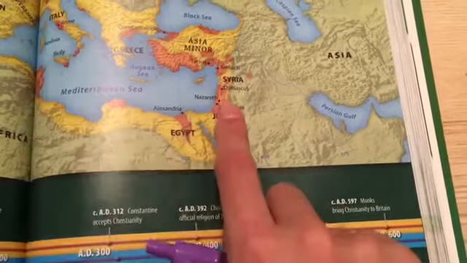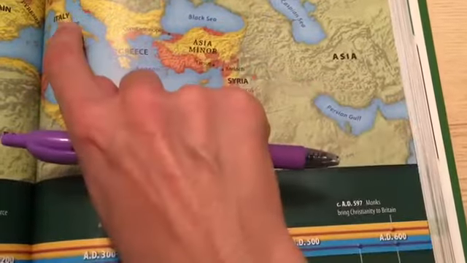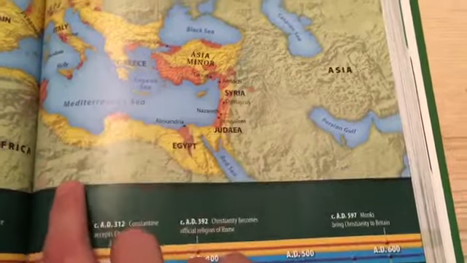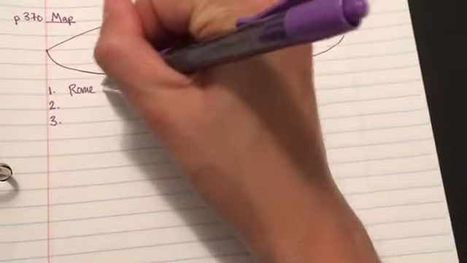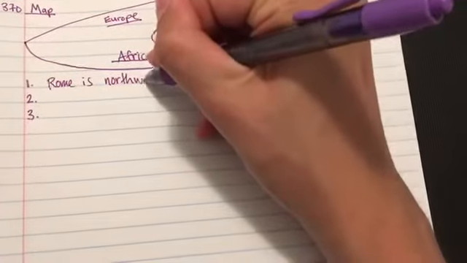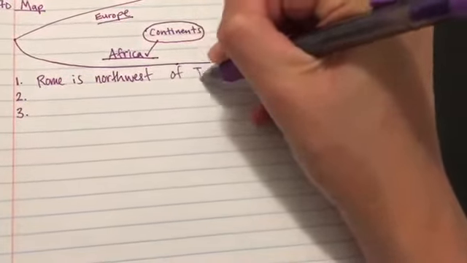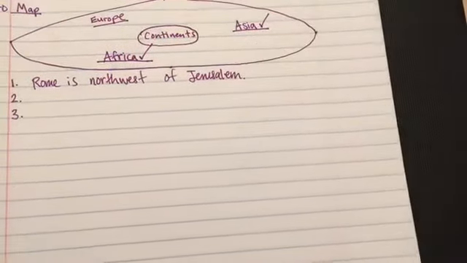Well, if I say that it's this way, which is north, and this way, which is west, it must mean that Rome is located northwest, not southeast. So now I can go ahead, and for number 1, I can say Rome is northwest of Jerusalem.